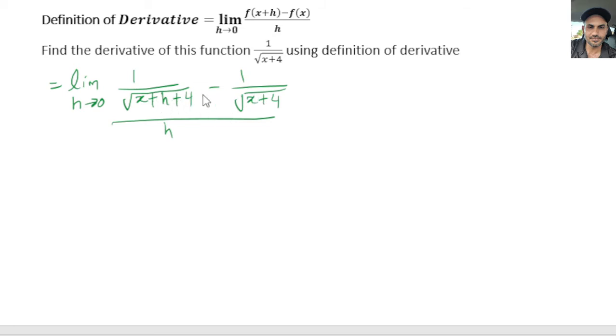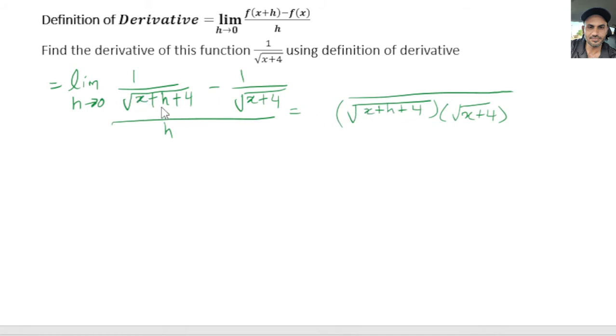We have fractions, so we're going to use the common denominator here on top. We have fraction and fraction, and we're taking the denominators of both and making a common denominator. So it becomes square root of x plus h plus 4 times square root of x plus 4. So this becomes a common denominator.